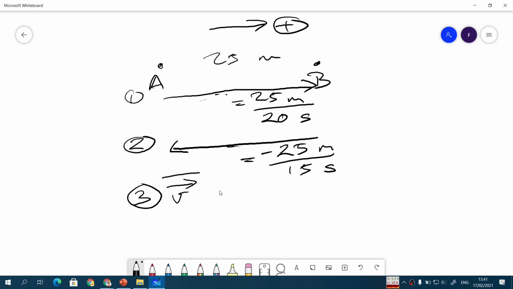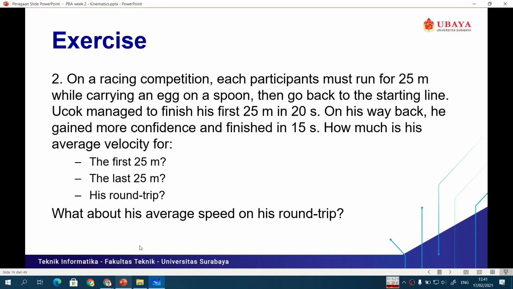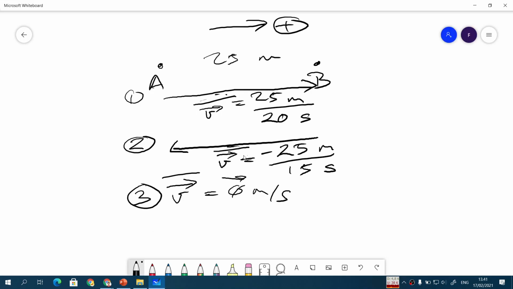Okay, the average velocity is 0 here. So be careful about velocity because it is a vector. It does have a direction. That's why for the last 25 meters, his velocity is negative 25 meters over 15 seconds.